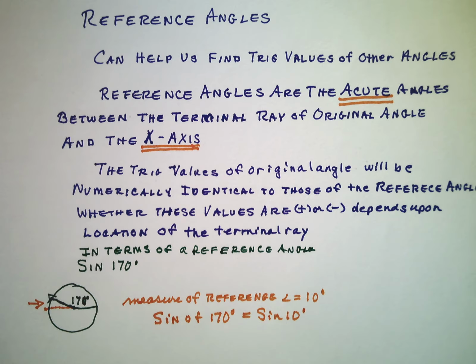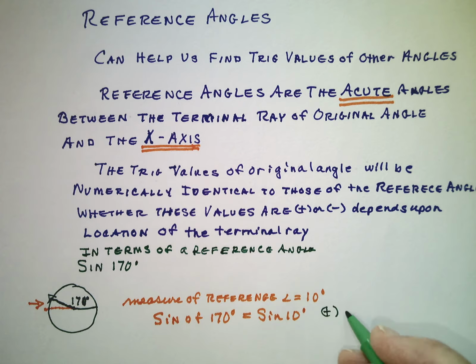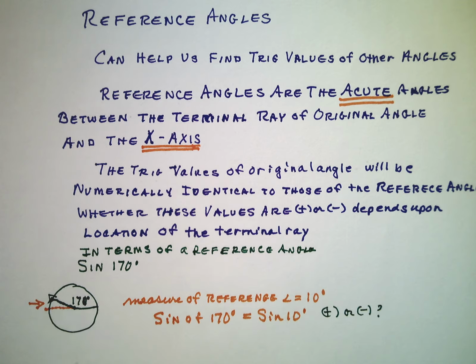But we have to ask ourselves, is this positive or is it negative? Well, in this location right here, remember the sine values are the y values. It's up above the origin, so the sine value would be positive. The y value here would be a positive y value. So the sine of 170 is going to be exactly the same as the sine of 10 degrees. It would be positive in this case.